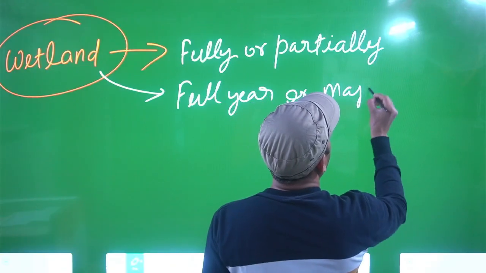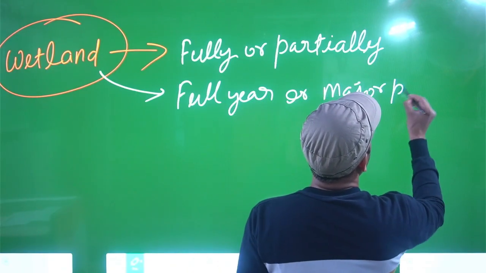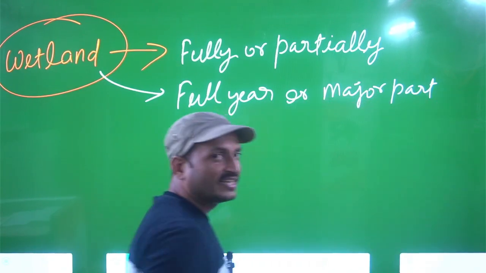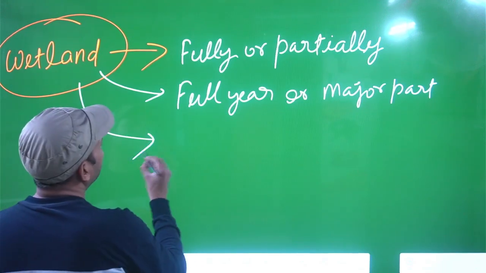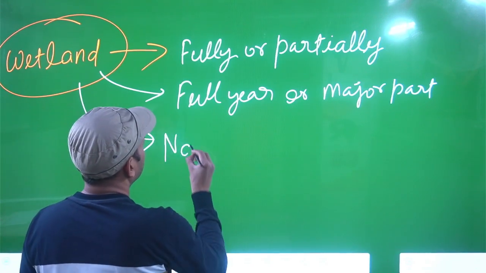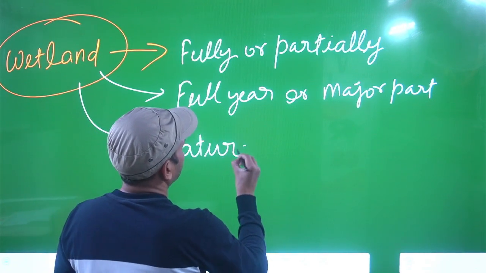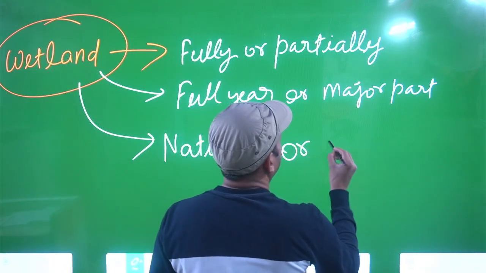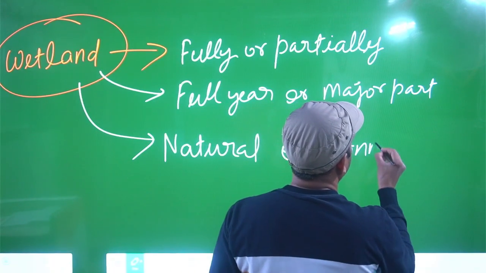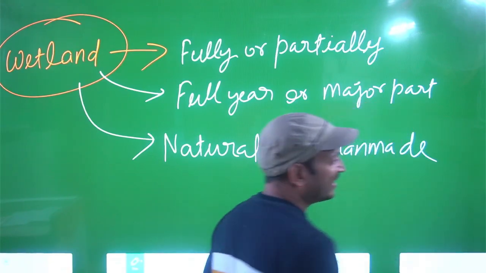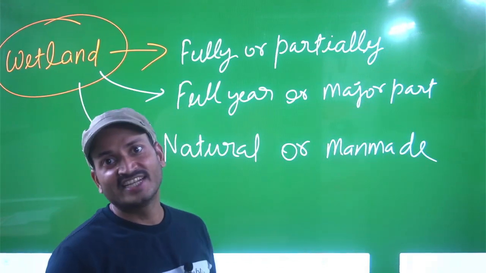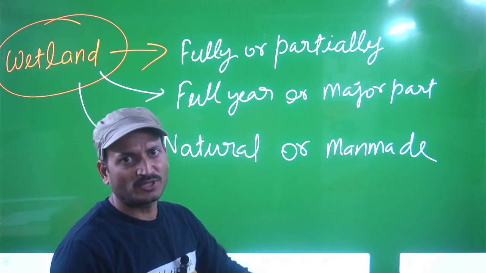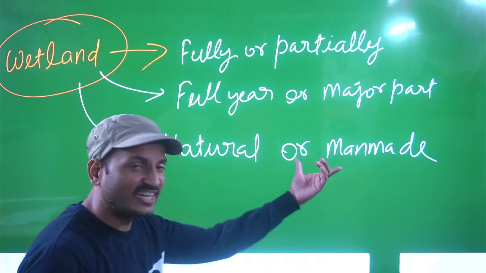It may be natural, for example, lakes, or man-made, for example, ponds, paddy fields, etc. They are also types of ecosystems, different types of wetlands.